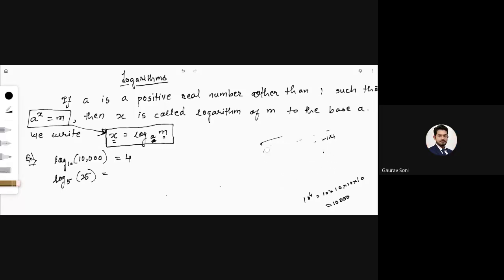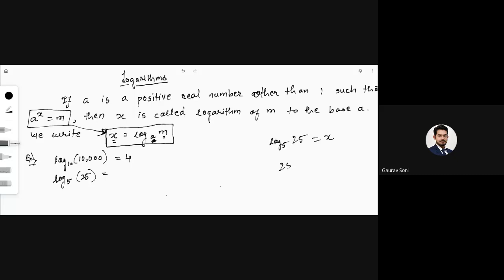If in the exam I will ask this question at least once. Log to the base 5 of 25 is equal to x.